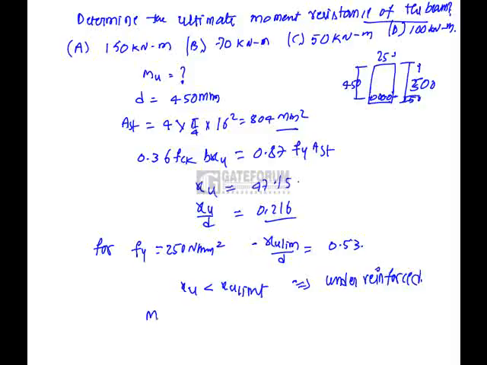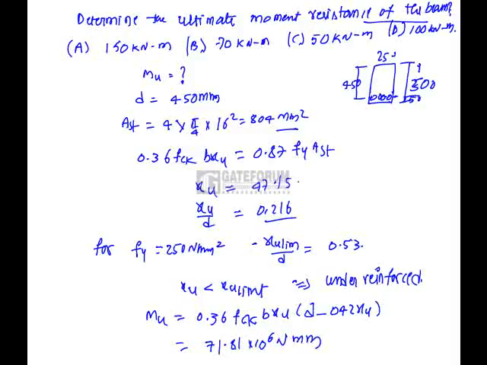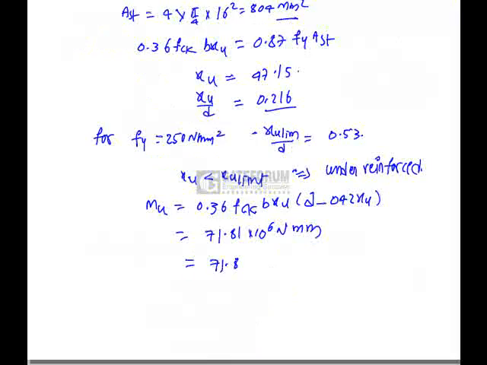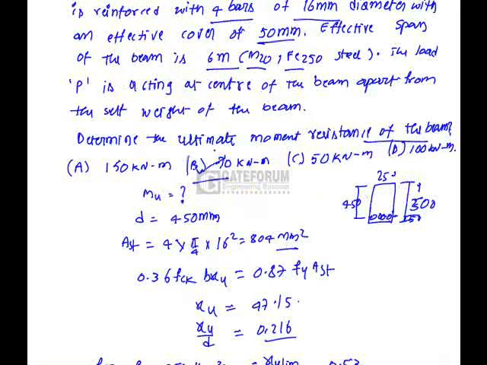So Mu is equal to 0.36 fck b Xu times the lever arm, d minus 0.42 Xu, that is equal to 71.81 into 10 to the power of 6 Newton millimeters, that is 71.81 kilonewton meter. Therefore, from the above options it is very relevant to option B, 70. So option B is correct.